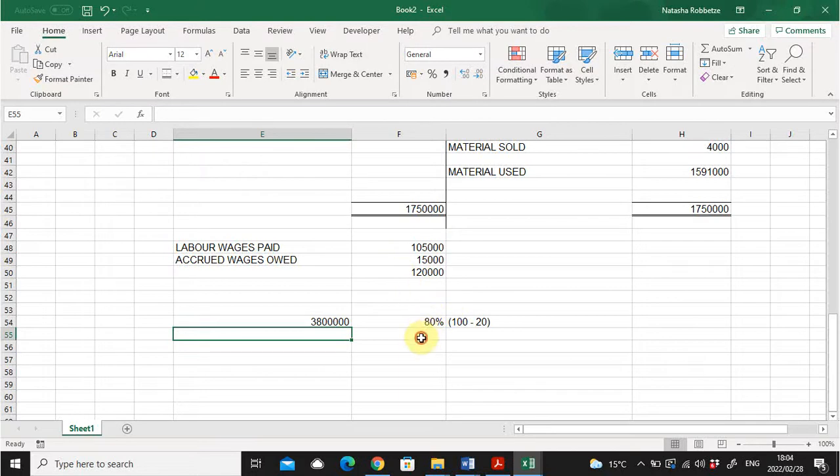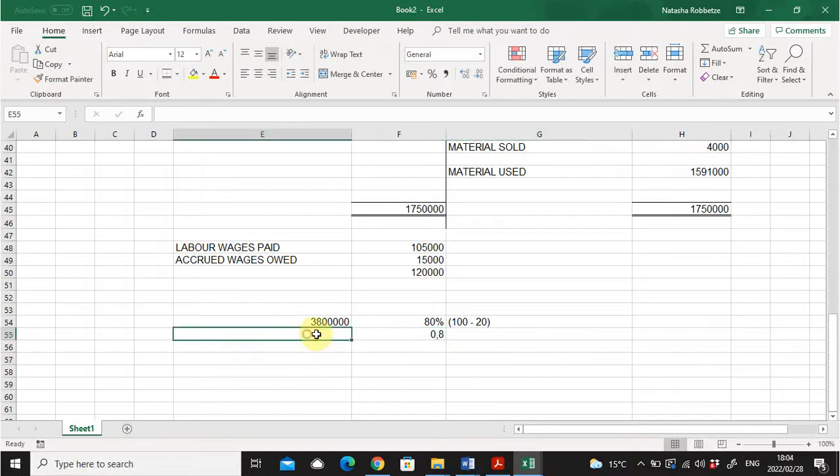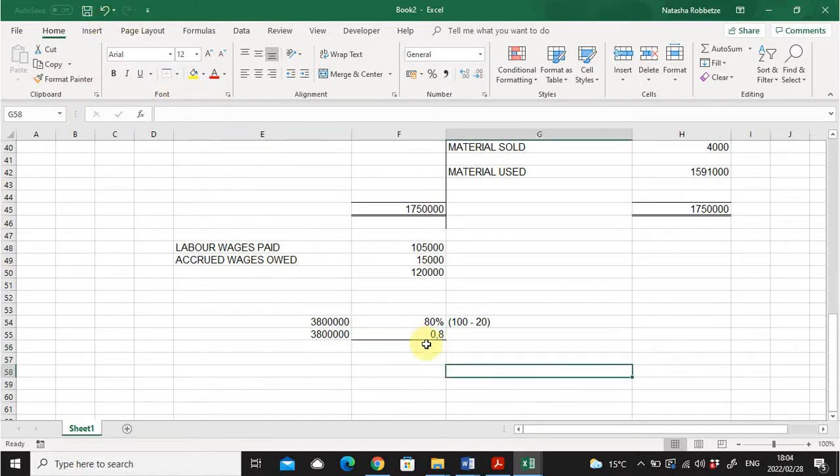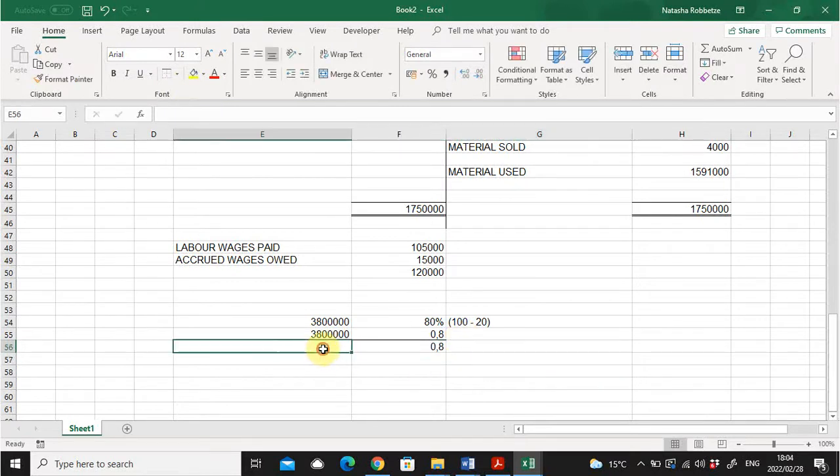So in decimals, we're going to say that 80% is 0.8 if we convert it to decimals, and the 0.8 is equal to 3.8 million. So to get to the full 100%, we're going to have to divide this side by 0.8. So I'm just going to do it like this. Sort out the math. So we're going to have a 0.8 division this side and a 0.8 division this side.